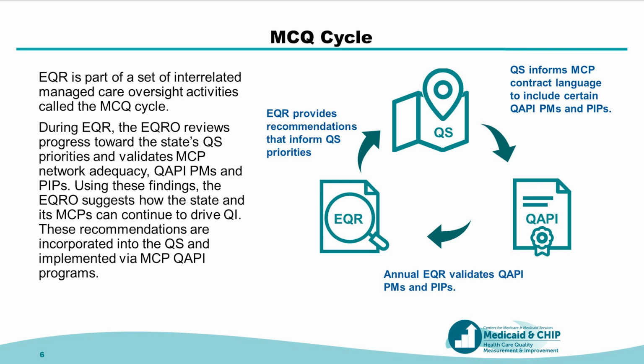These priorities and activities inform managed care plan contract language, including specifying quality assessment and performance improvement, or QAPI, performance measures and performance improvement projects, or PIPs. Health plan QAPI performance measures, PIPs, and network adequacy results are then validated during the annual external quality review. Finally, recommendations and learning from the EQR inform the state's quality strategy priorities and health plan QAPI programs.